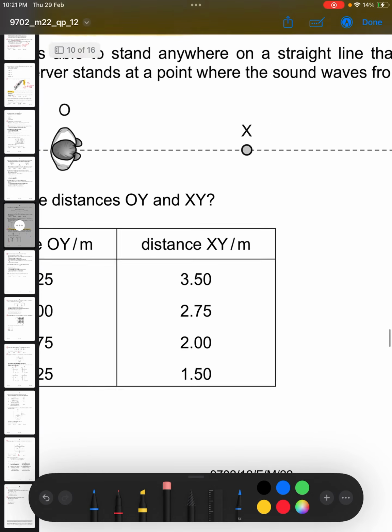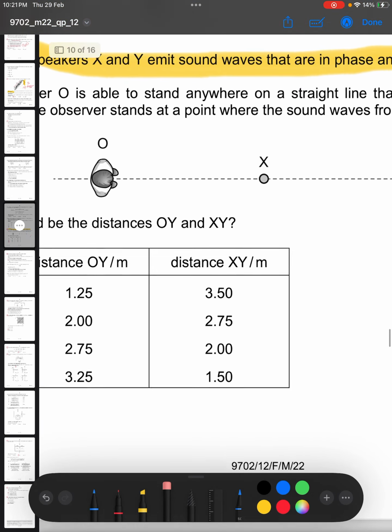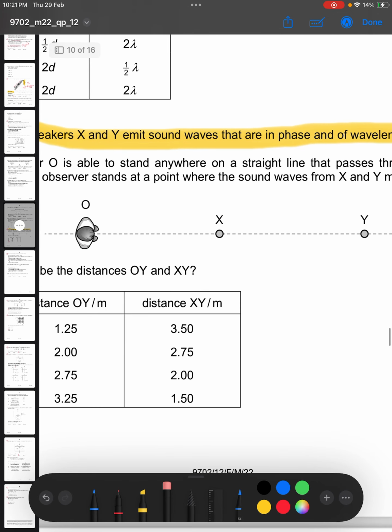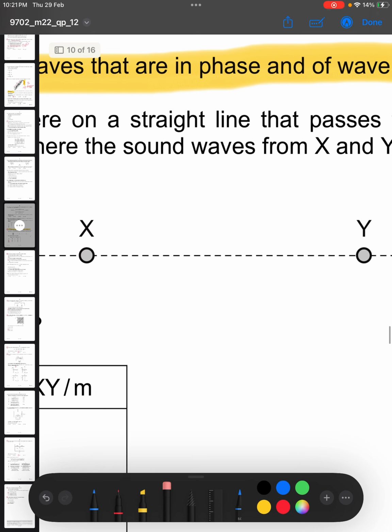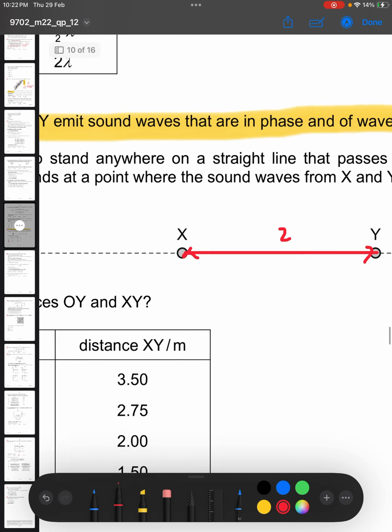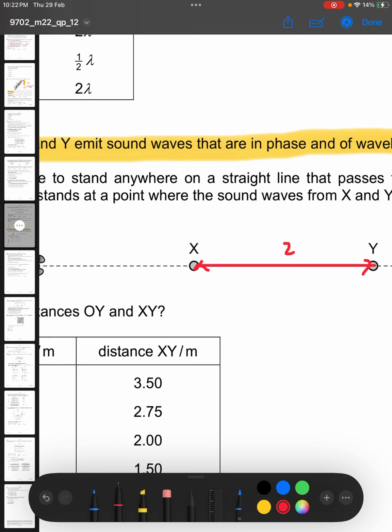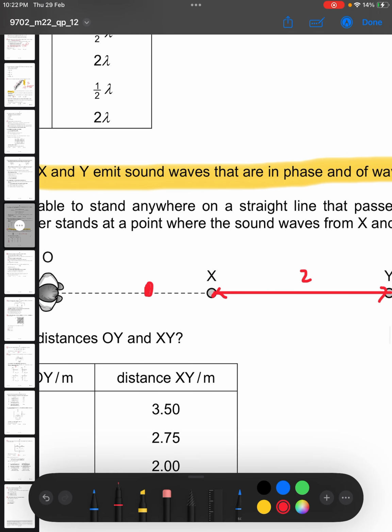Then C is saying the distance from O to Y is 2.75. So in which case, if the distance from X to Y is 2, then what they're meaning is this one, the distance from here to here is 2. But the distance from O to Y is 2.75, meaning that O is somewhere at here, such that there's an additional 0.75.